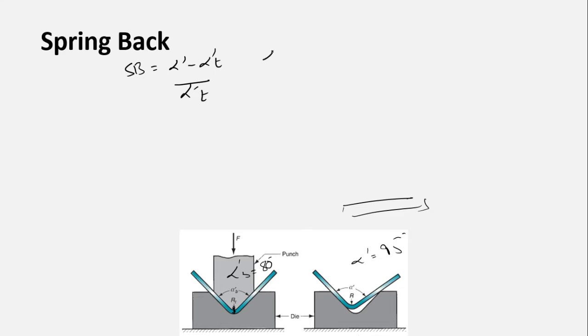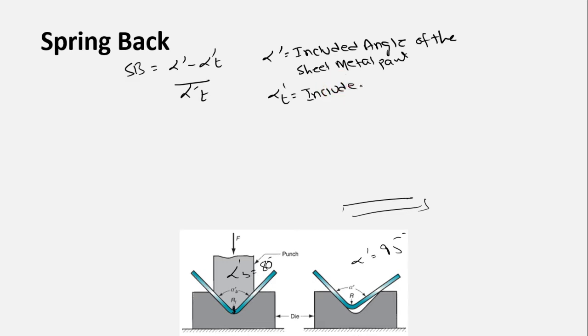In this case, alpha prime is the included angle of the sheet metal part, while alpha prime t is the included angle of the bending tool. The angles are obviously in degrees.